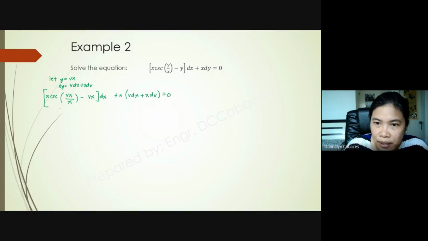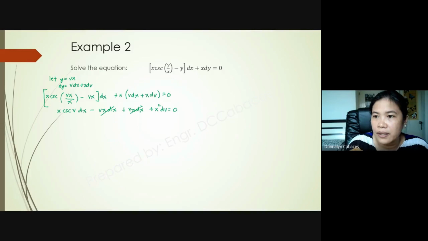Okay, so simplifying the equation, this is x cosecant of v dx minus vx dx plus vx dx plus x squared dv is equal to 0. So negative vx dx and positive vx dx, that is 0.